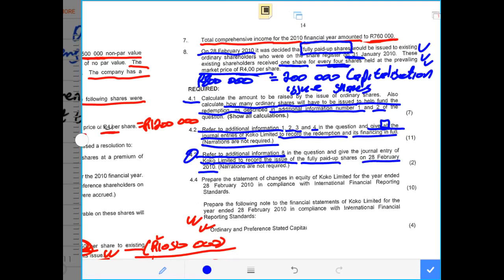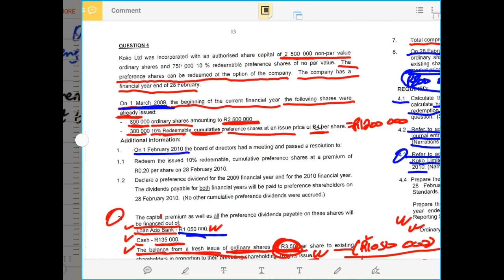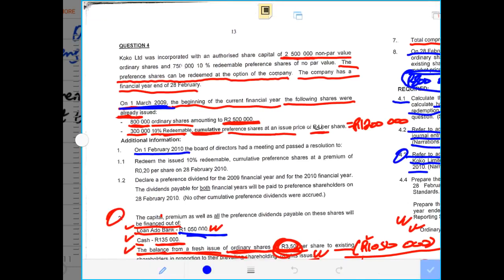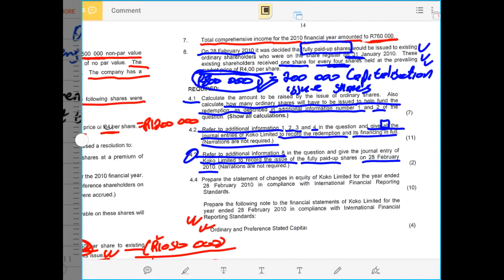We have already done that. We knew that if there is capitalization, we have to record 800,000 rands, and that will have to be debited to our retained earnings, and we credit our ordinary stated capital because these were the ordinary shares. So now let us first calculate back that 800,000. How we calculated that, just to refresh, was the number of ordinary shares that were in the share register on the 1st of January 2010.